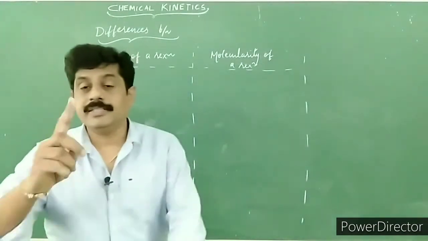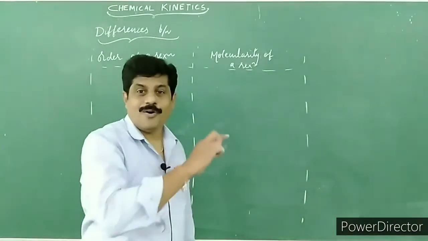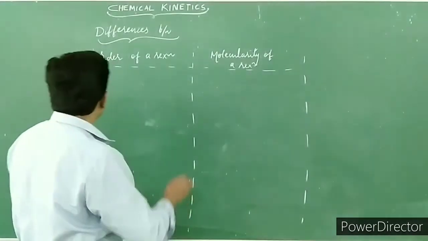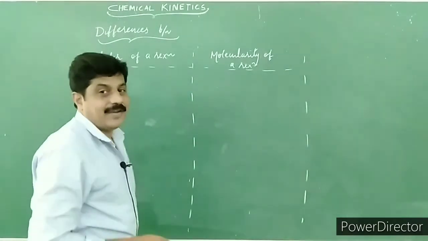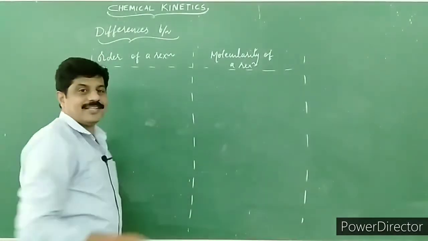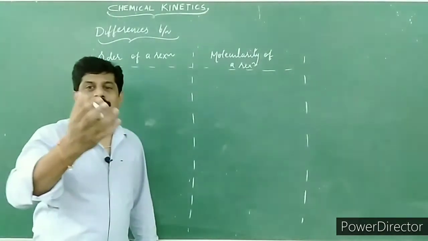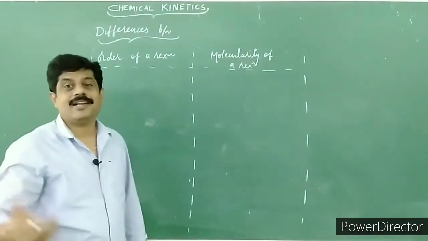Children, you have learnt the definition for order of a reaction as well as molecularity of a reaction. Now the first difference is the definition. What is order of a reaction? Children, order of reaction is nothing but the sum of the powers to which the concentration terms are raised in a rate law expression.